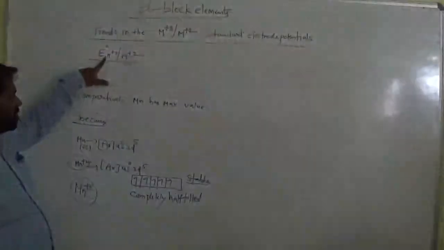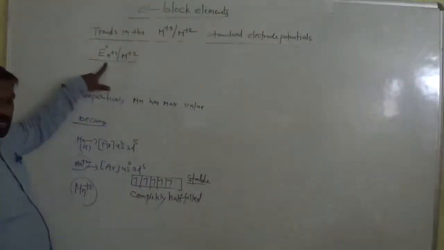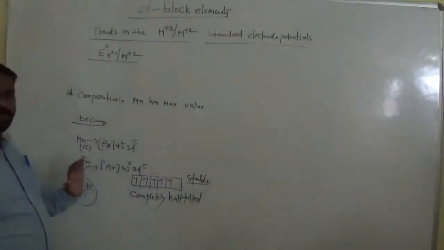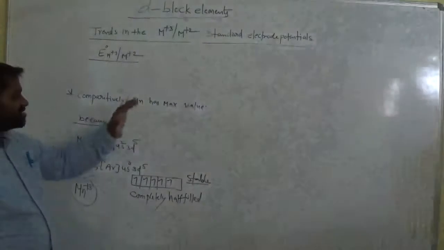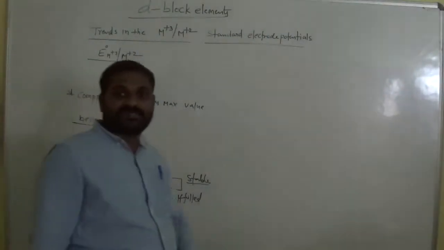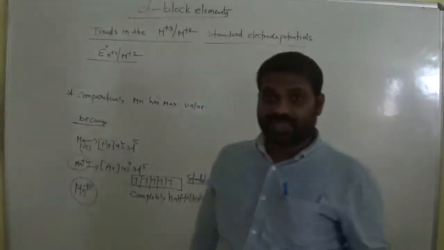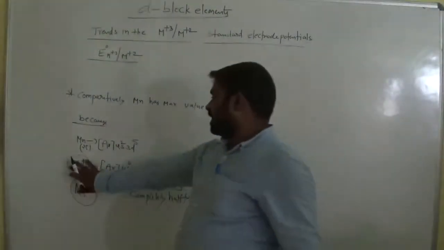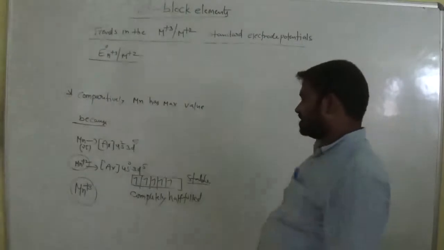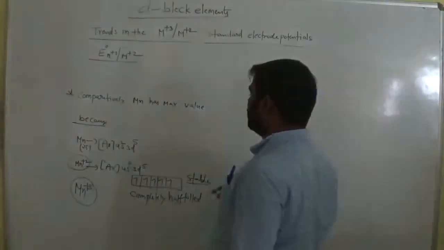If you want it to become Mn+3, it is difficult. Why? Because it is stable. Clear? So here manganese has the maximum standard reduction potential value, that is positive. In that case, Mn+2 mostly exists. Then Mn+3 has this stable electronic configuration.